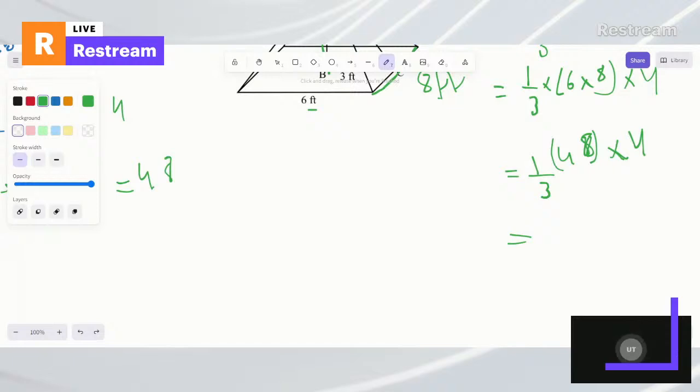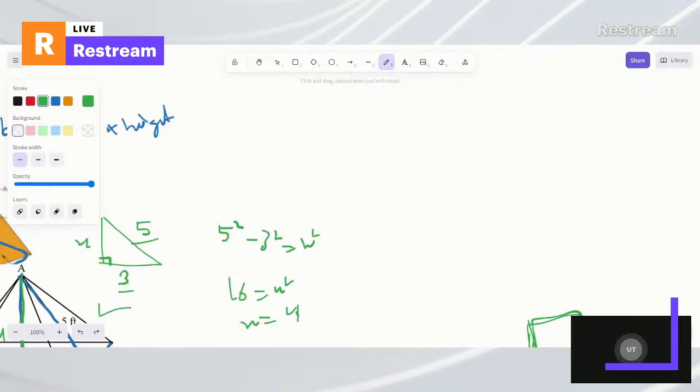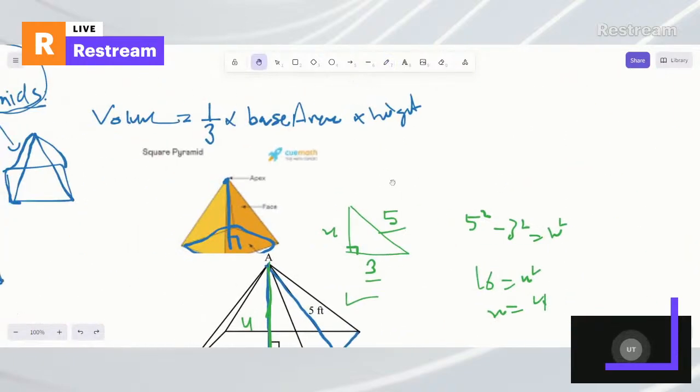The final answer is 64. So your volume for this question is going to be 64, right? So I hope that this is clear to all of you.